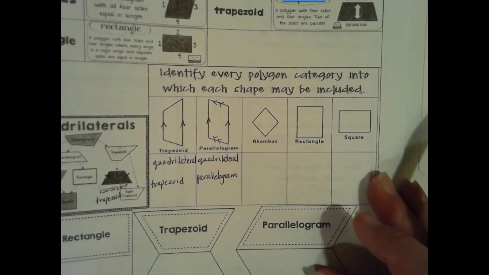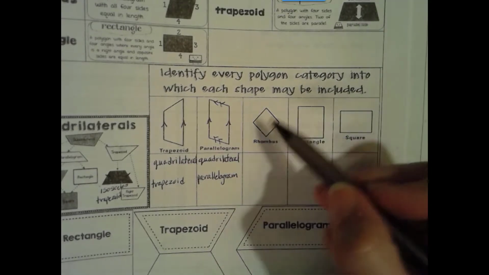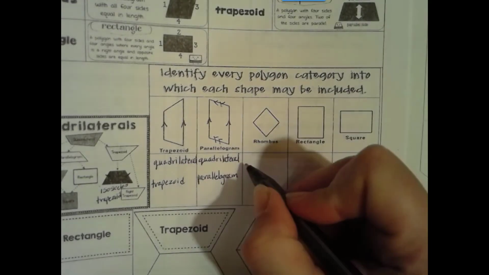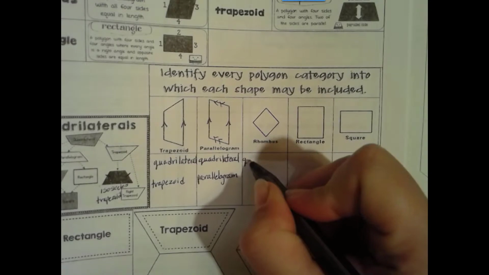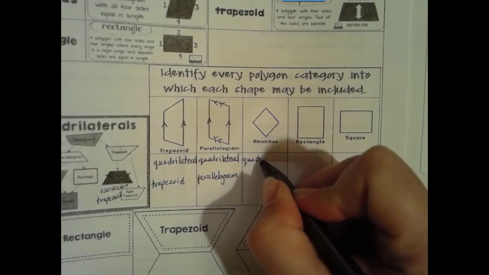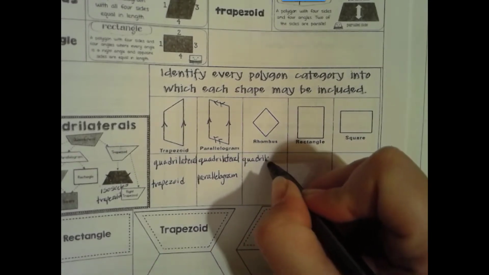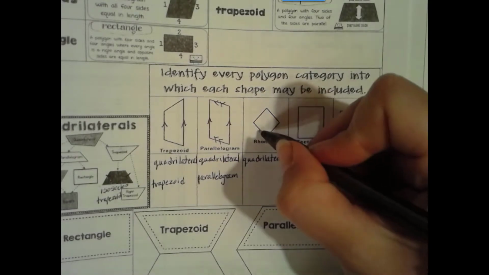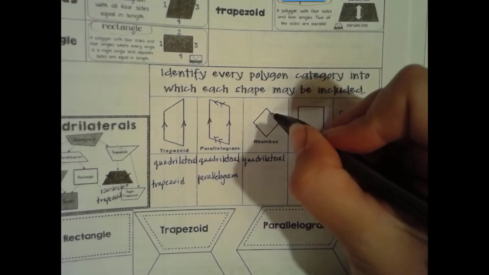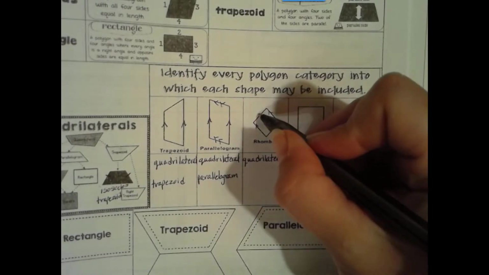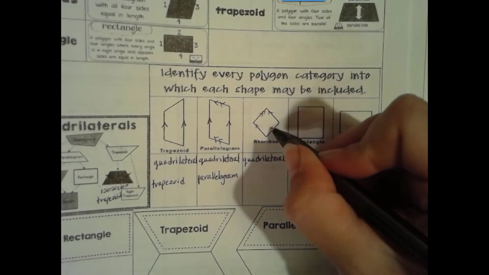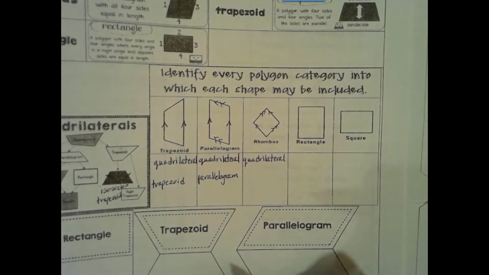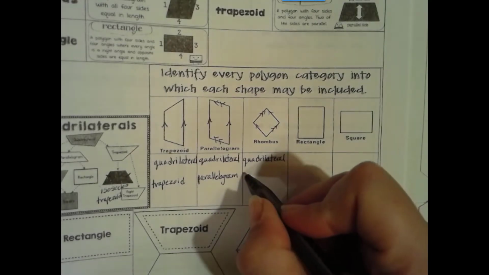Okay, so a rhombus has 1, 2, 3, 4 sides, so it is a quadrilateral. It does have opposite sides that are parallel, so it is a parallelogram.